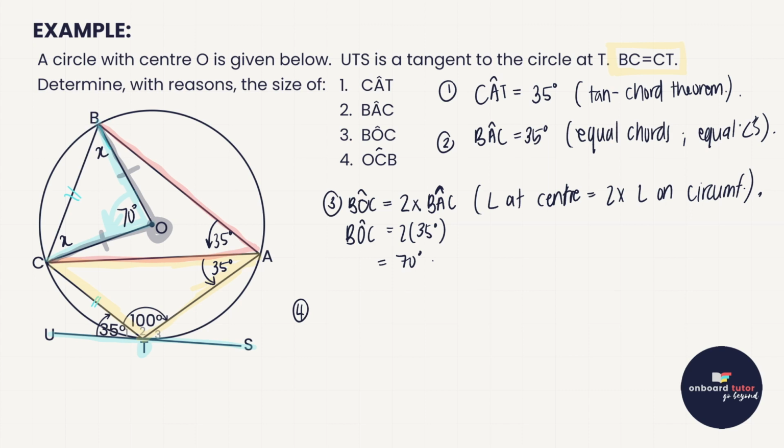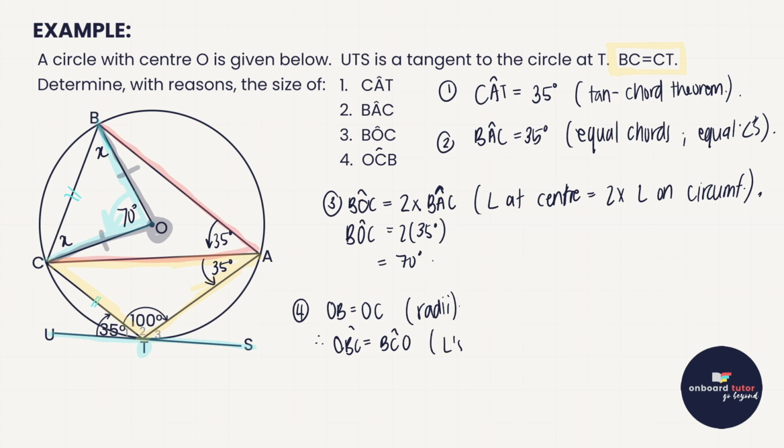So question 4, the first thing we're going to say is that OB is equal to OC. And the reason there: they are radii. Now we're going to say, therefore, angle OBC is equal to angle BCO.